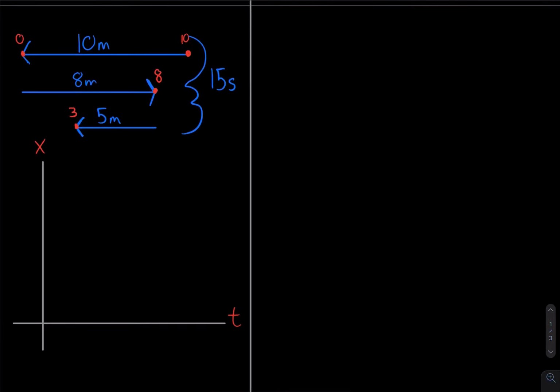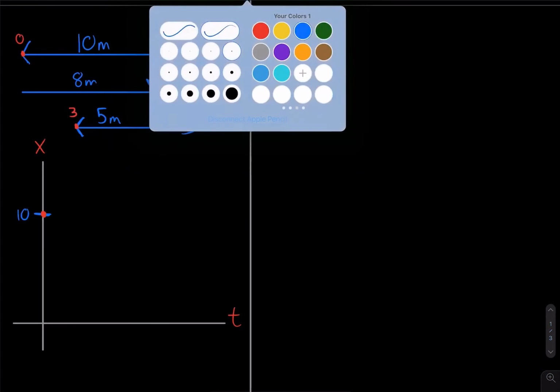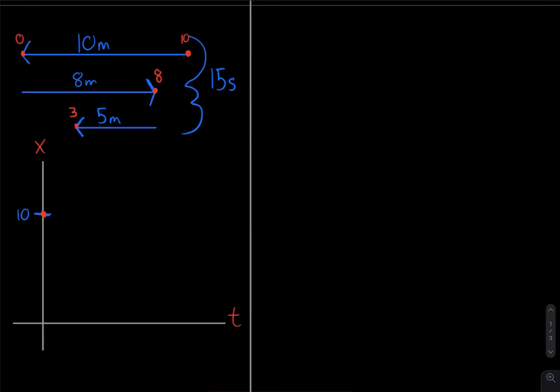So at time equal to 0, I started at 10. So if I have labeled here, we'll say this is 10, and that's where I started. So we'll make the red mark there. And then where did I go? I went this direction. So I went down to 0.